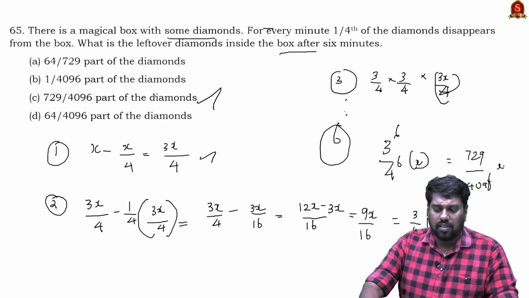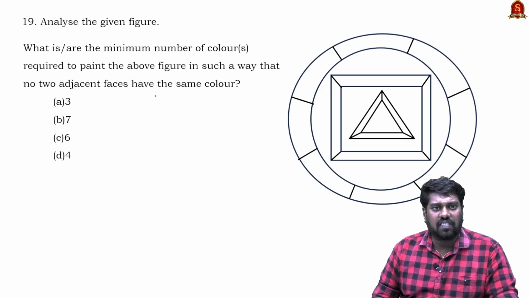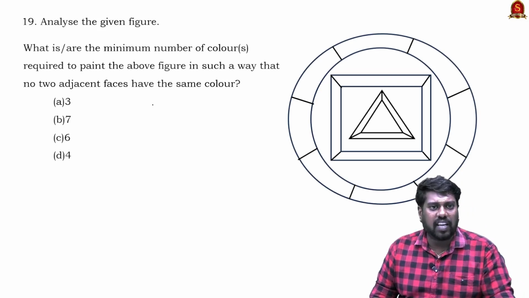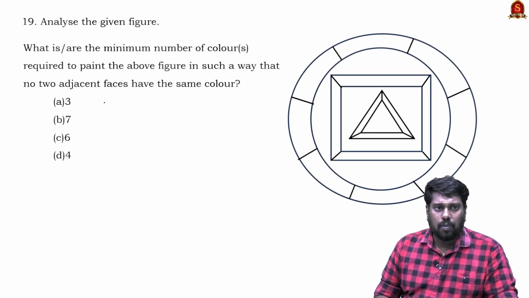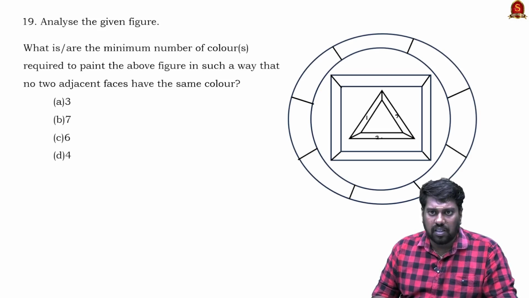Okay, the next question. This question is a very simple pattern. I can see that many people have answered this question as 3. One simple logic: if you take this triangle alone, in this triangle 3 adjacent faces are there. Here I can paste one color, here a second color, here a third color.